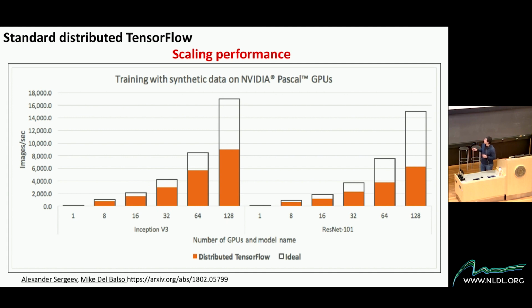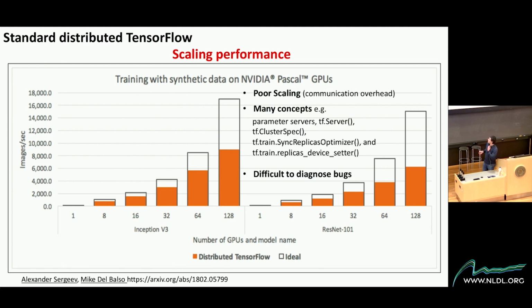Here there are two models, and you can see the images per second. When you go from 1 GPU to 16 GPUs, the scaling is okay. But then when you go from 16 GPUs to 128 GPUs, you can see that the scaling is really poor. So almost 50% of resources are wasted. And this is the same for this model.